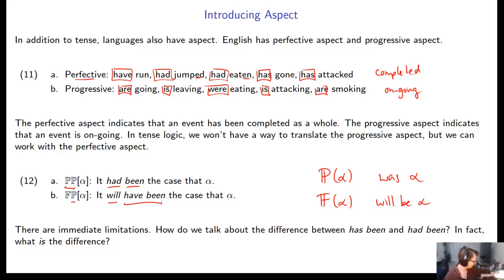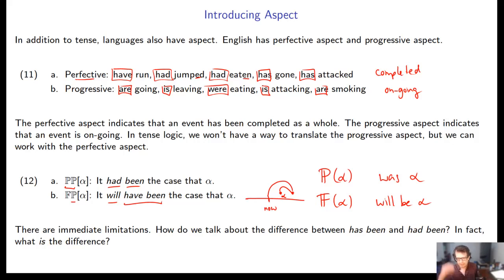So if we think about a timeline for will have been, imagine this is now. You're saying in the future, so it will, and then you're going back in the past for have been. So will have been the case that alpha, and this is where alpha is occurring.